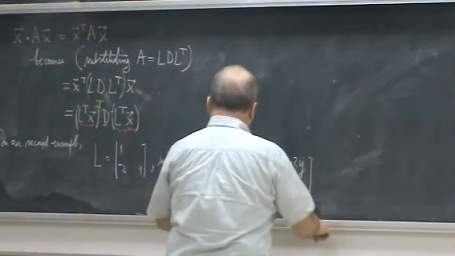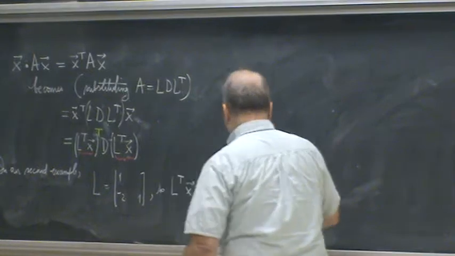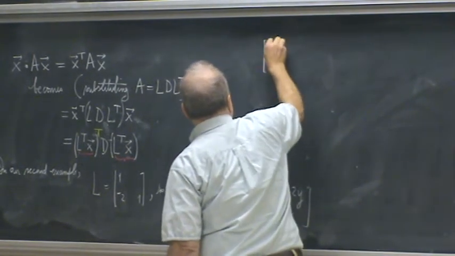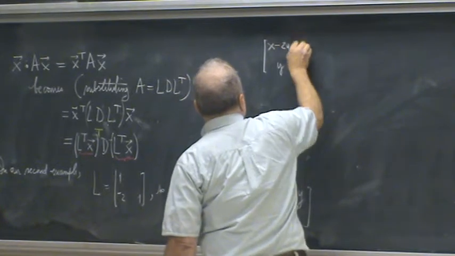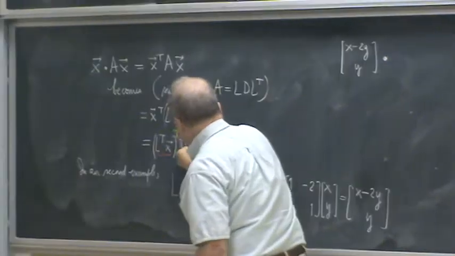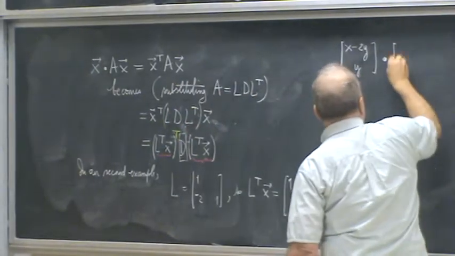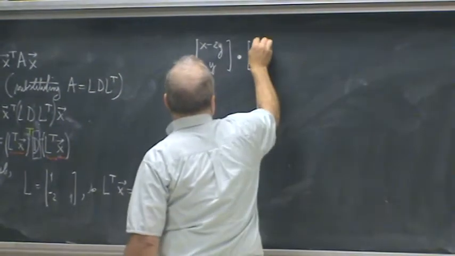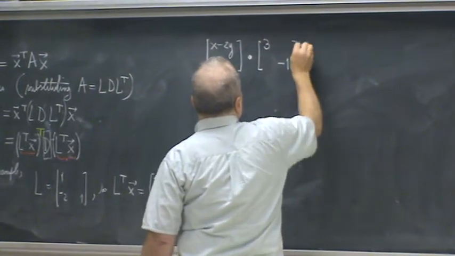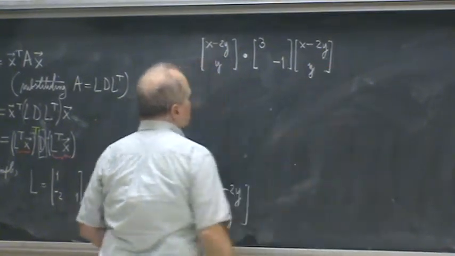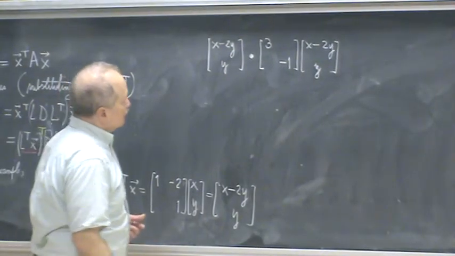So what happens if you take this vector and dot it with D, the diagonal matrix? What was D? It was 3, -1, times this vector.